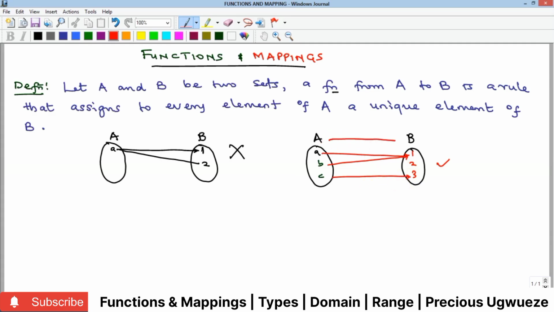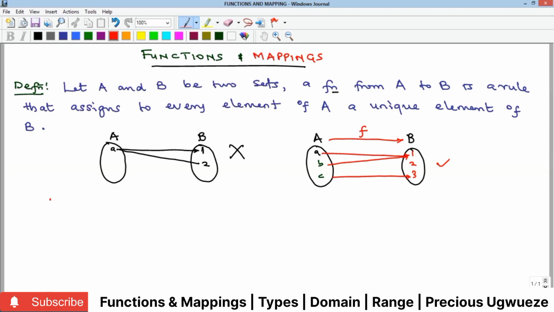And so if we have that function, in some cases we represent it with f, and you can also represent it with any other letter, maybe h, g, and so on. In form of explanation, what it means is that a particular quantity is dependent on another, so you say that it is a function of that.